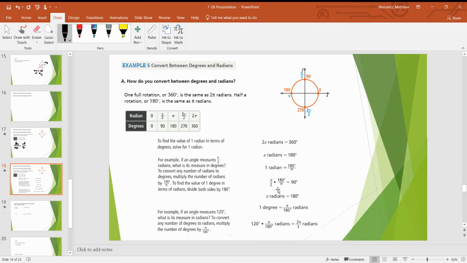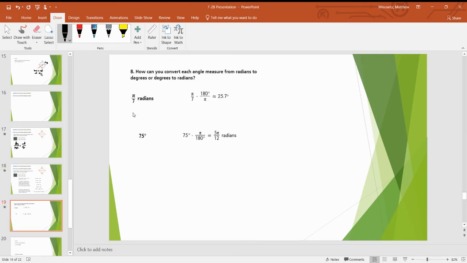And then some of the stranger angles, like pi over 7, I don't know pi over 7, what is in degrees. So to convert, I don't like this multiply by 180 over pi because I forget. I say, well, pi over 7 relates to pi as how many degrees relate to 180.